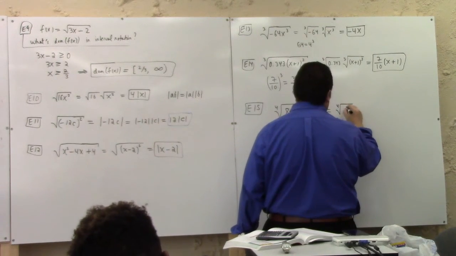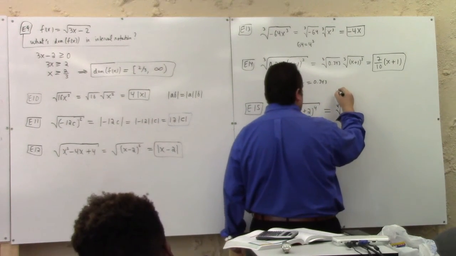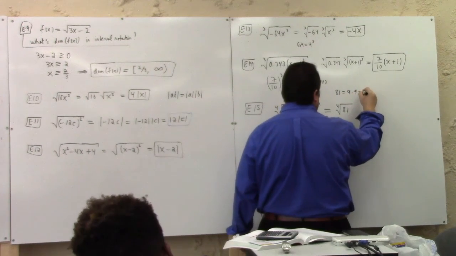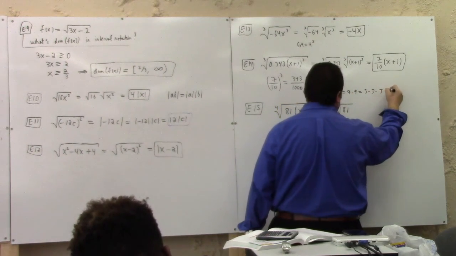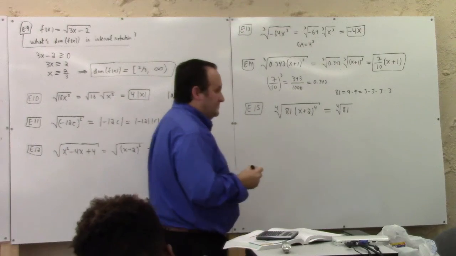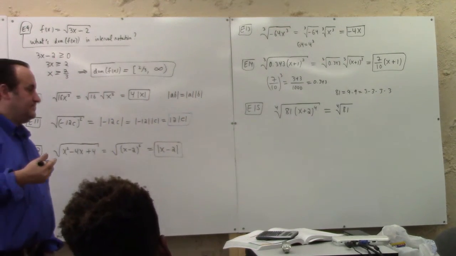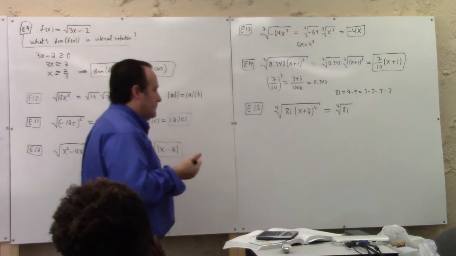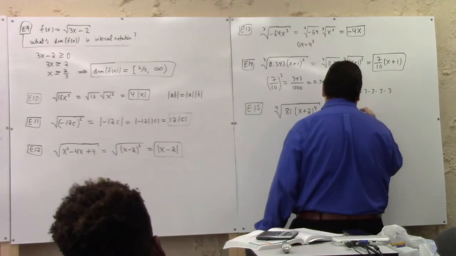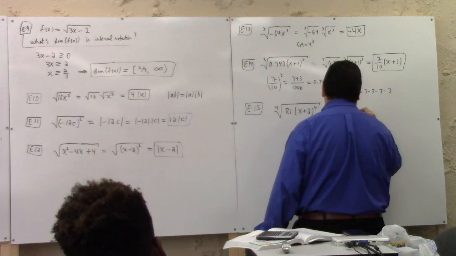You could use your calculator, but I would just point out to you that 81 is 9 times 9, which is 3 times 3 times 3 times 3. 81 is 3 to the fourth. And so the fourth root of 81 is 3.